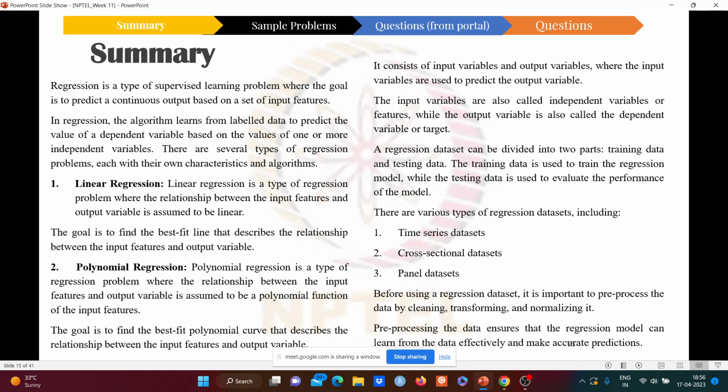That is transforming, normalizing, and cleaning the data. Normalizing is converting the range of data into between 0 and 1. This pre-processing ensures that the regression model can learn from data effectively and make accurate predictions.